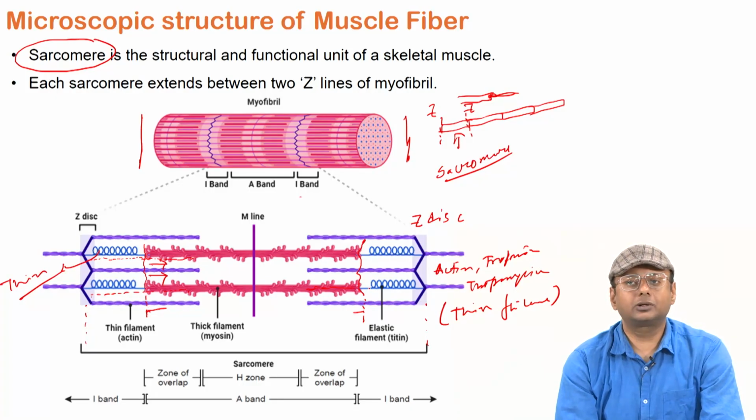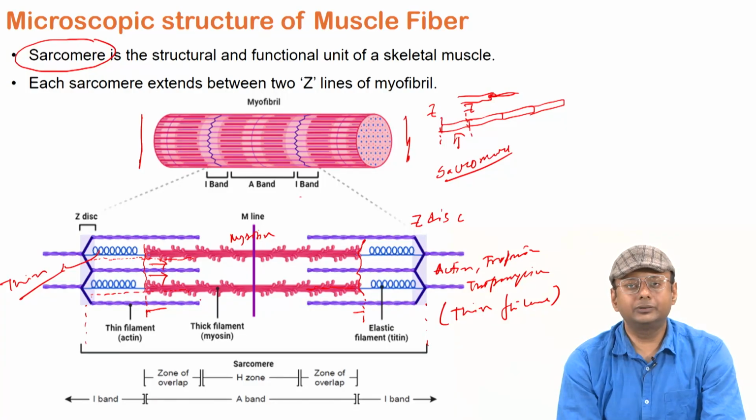So the A band is the total zone of the thick filament, which is mostly myosin, but in the corner area there is also some thin filament. Just beside the Z disc, only thin filament is present. This is called the I band.